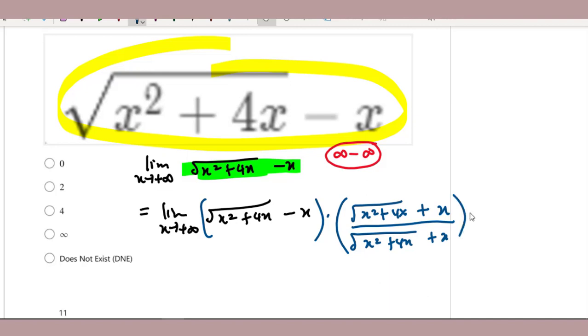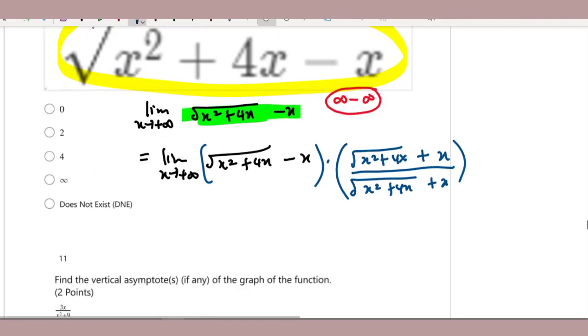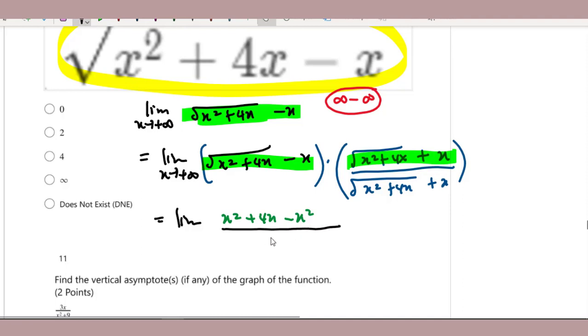Then simplify and expand: the numerator is x squared plus 4x minus x squared, over the square root of x squared plus 4x plus x, as x tends to positive infinity.